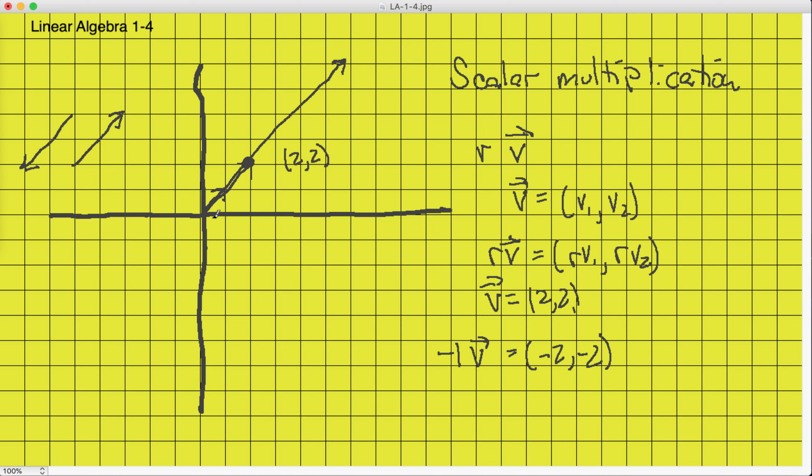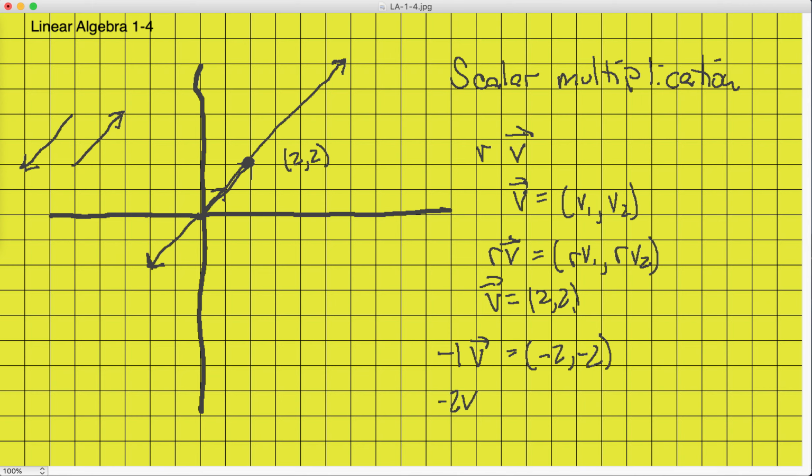The vector minus 2 would start here and go over here. So it goes like that. And again, if I were to have minus 2v, it's going to be twice as long. The magnitude will be twice as long as the original vector, but I've reversed the direction of where it's going.